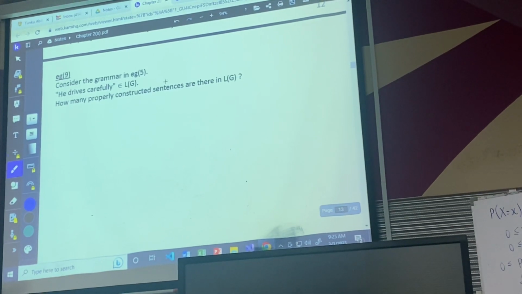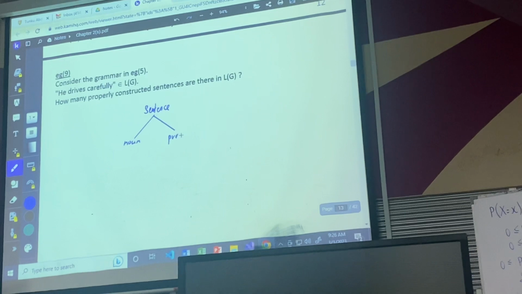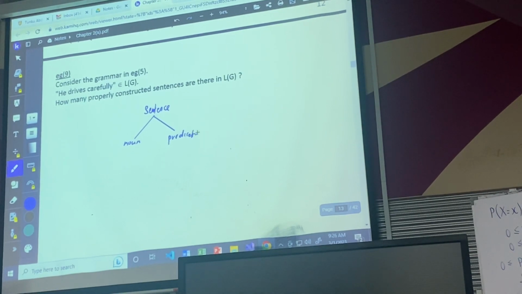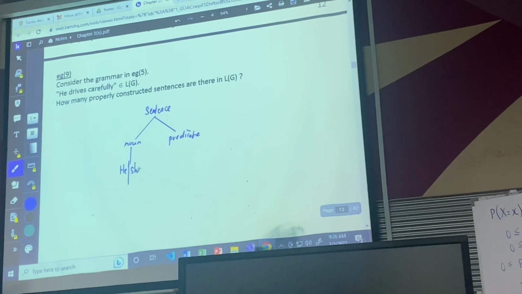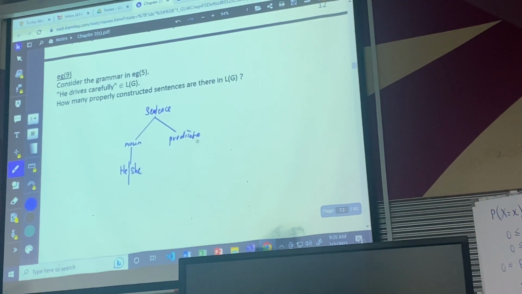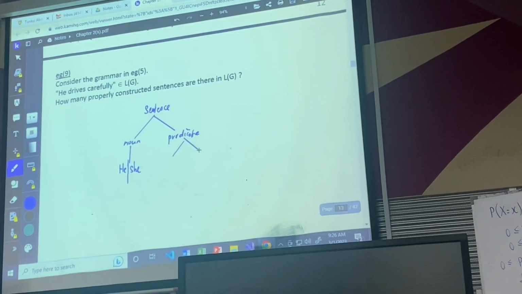If you draw the tree from the one that I showed you just now, then you can see easily here. This is now predicate. How many sentences can it form? Now you can have he or she. Predicate can have verb and adverb.